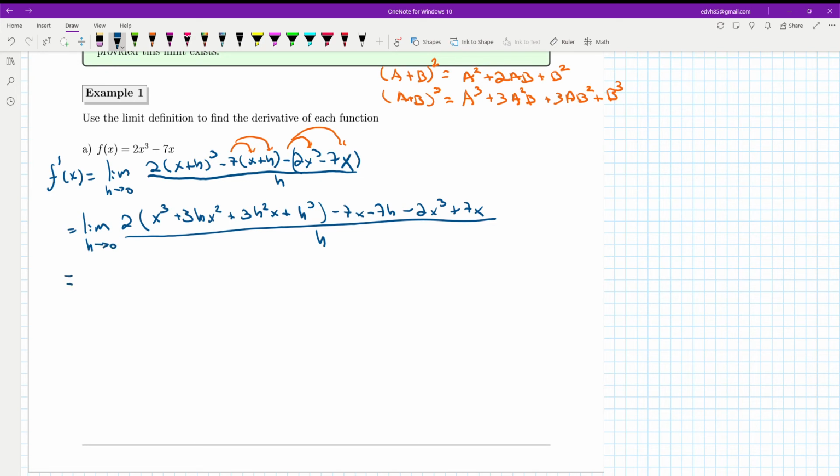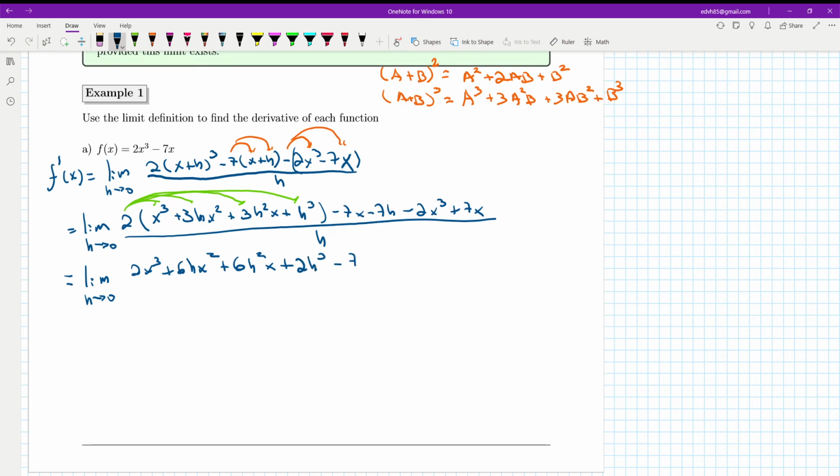And then the limit as h approaches 0, let's distribute the 2 here to every single term. And this is 2x cubed plus 6hx squared plus 6h squared x plus 2h cubed minus 7x.